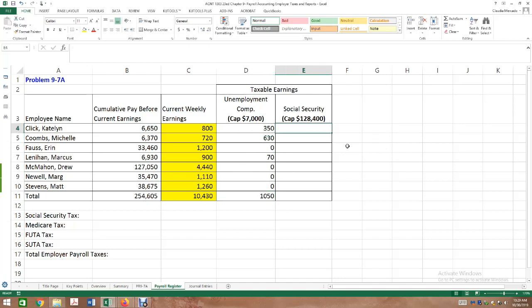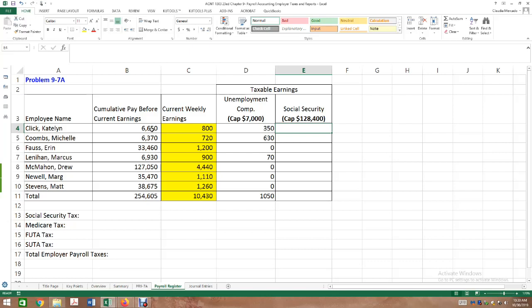Now we're going to apply the same logic to our Social Security, but our cap now is much greater. Our cap is $128,400. So we're going to pay Social Security on the earnings up to $128,400. If we look at Catalan, she has only earned $6,650.